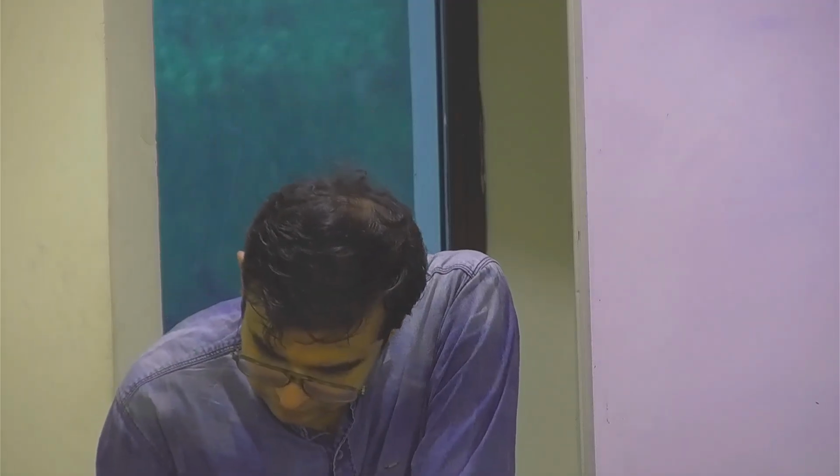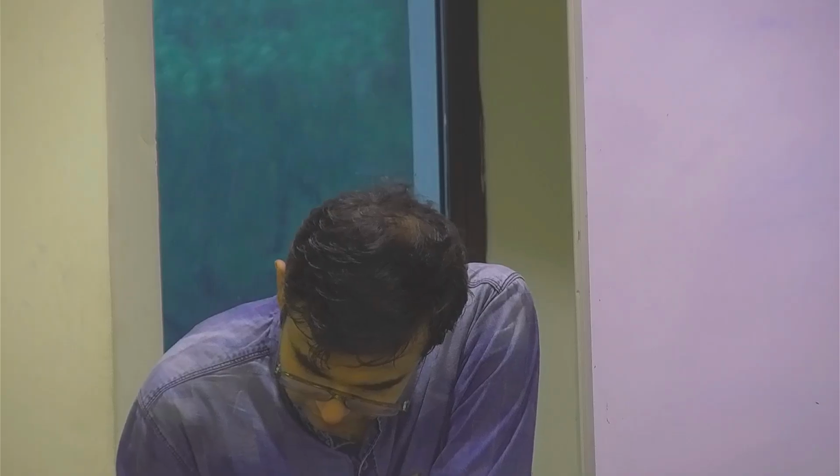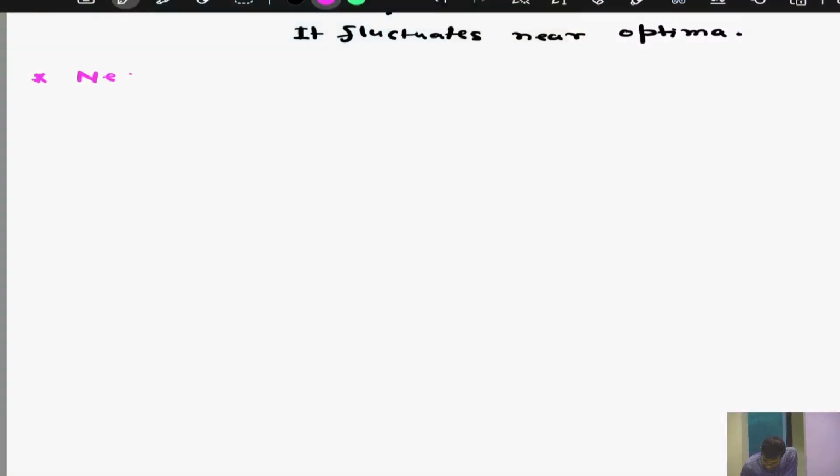So it fluctuates near the optima, and to address this, Nesterov gradient descent was proposed. Nesterov gradient descent addresses this issue. It does one thing: it does not decide based only on the past.